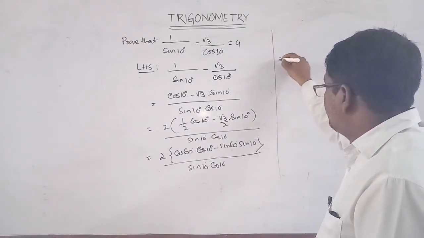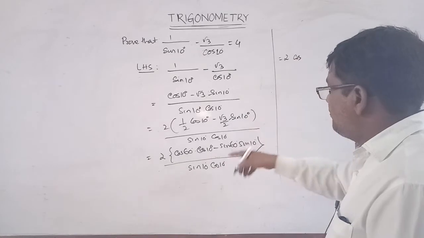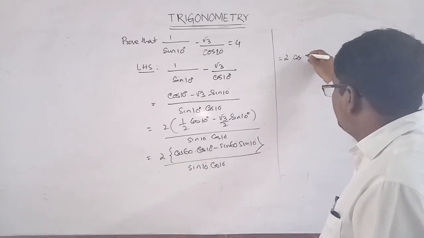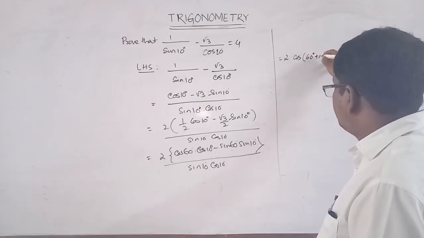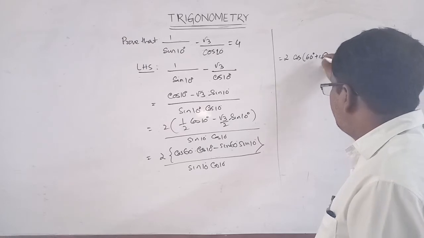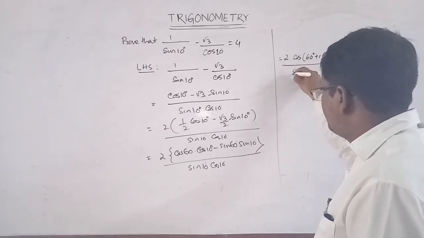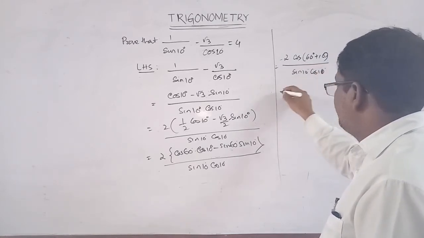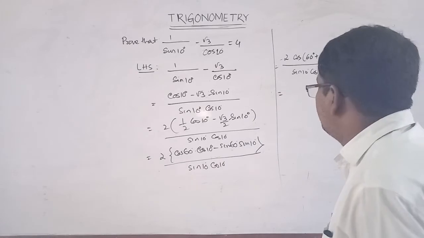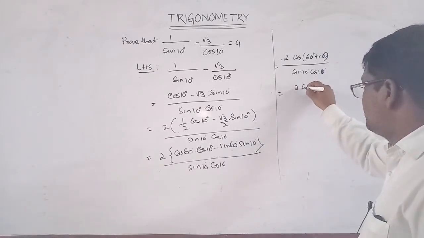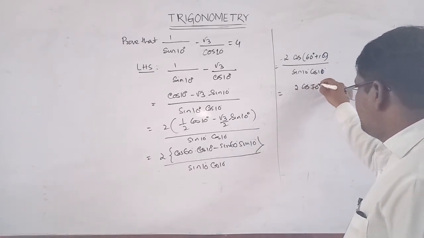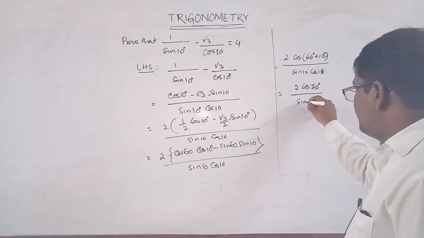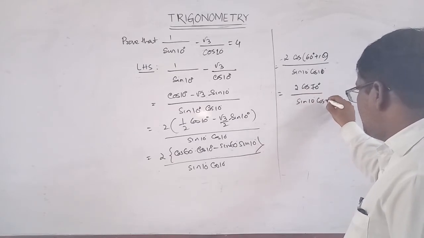So 2 into cos (60 degree plus 10 degree) divided by sin 10 degree into cos 10 degree. So this is equal to 2 cos 70 degree divided by sin 10 degree into cos 10 degree.